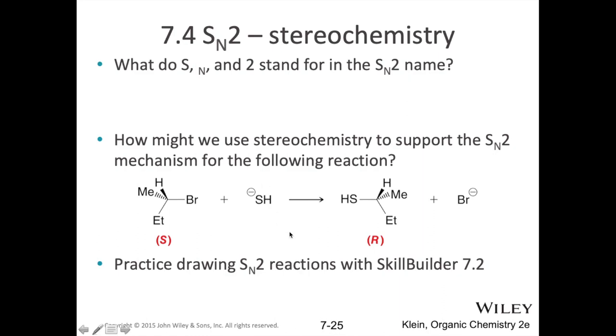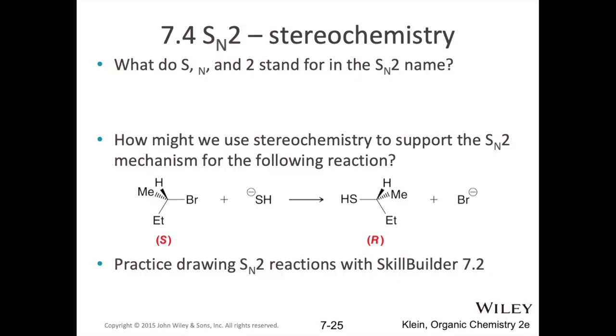Now, the other thing that we notice about SN2 reactions involves stereochemistry. Because your nucleophile comes in and attacks your substrate at the same time that your leaving group is leaving, your nucleophile can only attack from the opposite side as your leaving group.